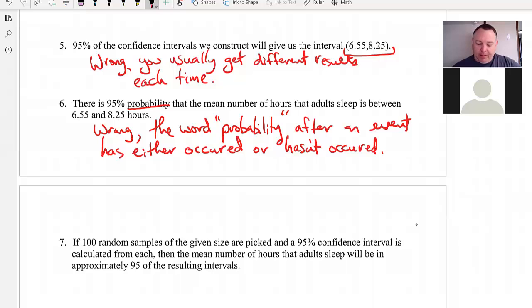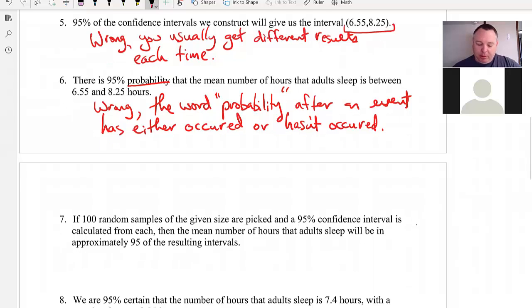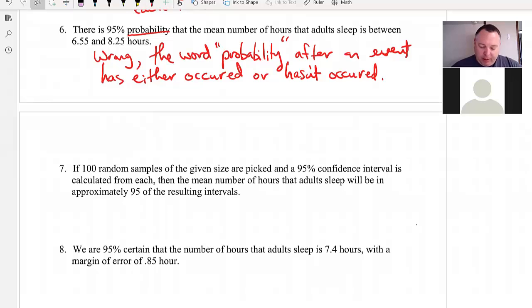Okay, number 7. If 100 random samples of the given size are picked and a 95% confidence interval is calculated from each, then the mean number of hours that adults sleep will be in approximately 95 of the resulting intervals. There's a piece of this that's correct.